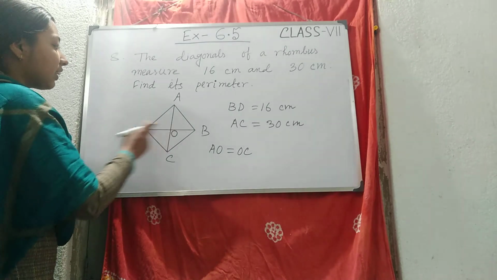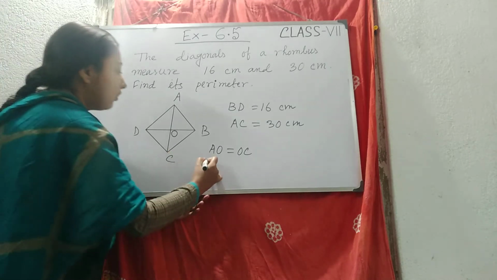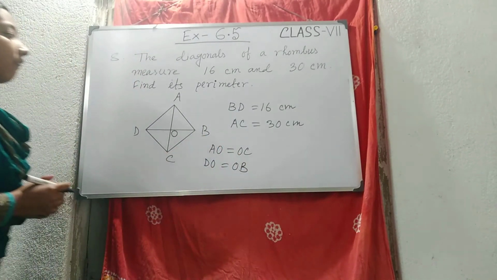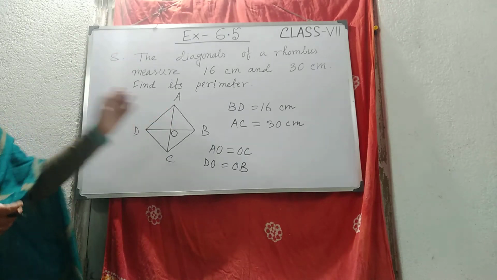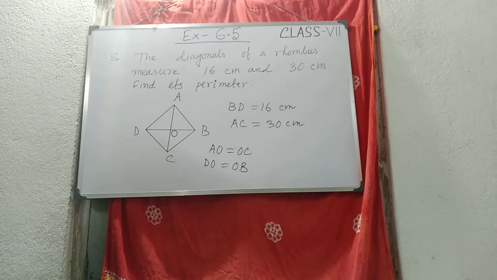Similarly, for diagonal BD also, DO will be equal to OB. Means diagonals of any rhombus always bisect each other. Okay, first property.